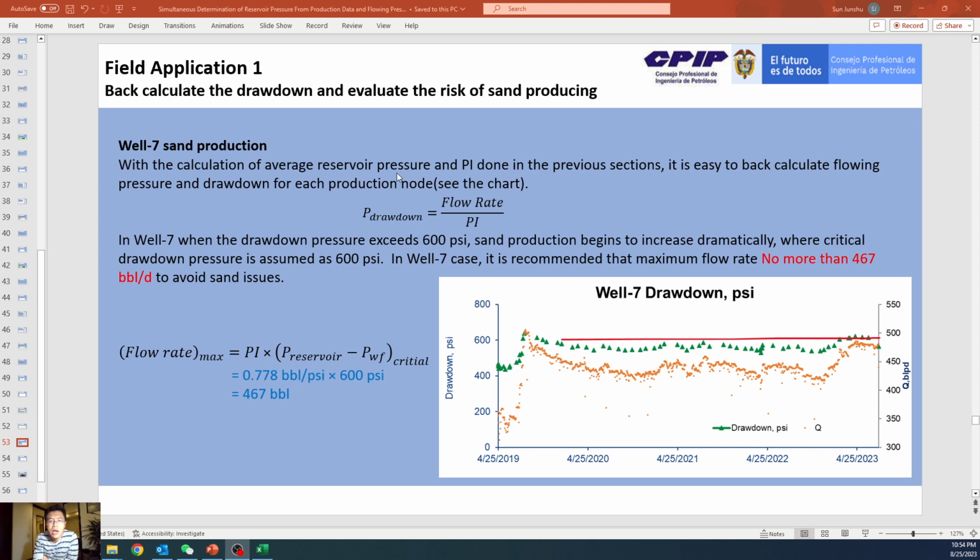The procedures are as following. With the calculation of average reservoir pressure and the productivity index done in the previous sections, we can easily back calculate the flowing pressure and the drawdown for each production node.